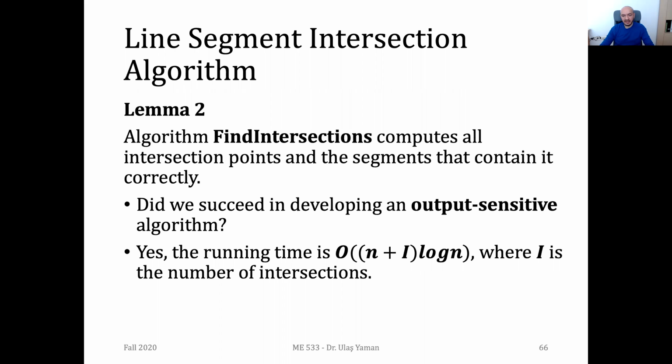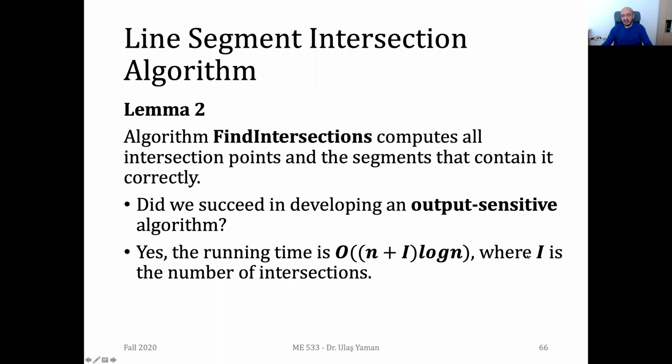quadratic. And here you see our running time is n plus I times the logarithm of n. n is the number of segments we have in the plane, and I, I'm sorry, this should be I, not L, n plus I, and I is the number of intersections. So if you have a small number of intersections, then our overall time complexity will be close to linearithmic.